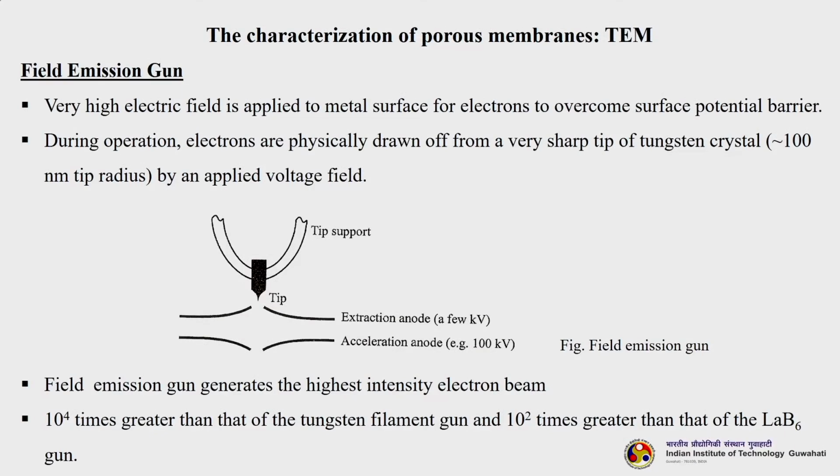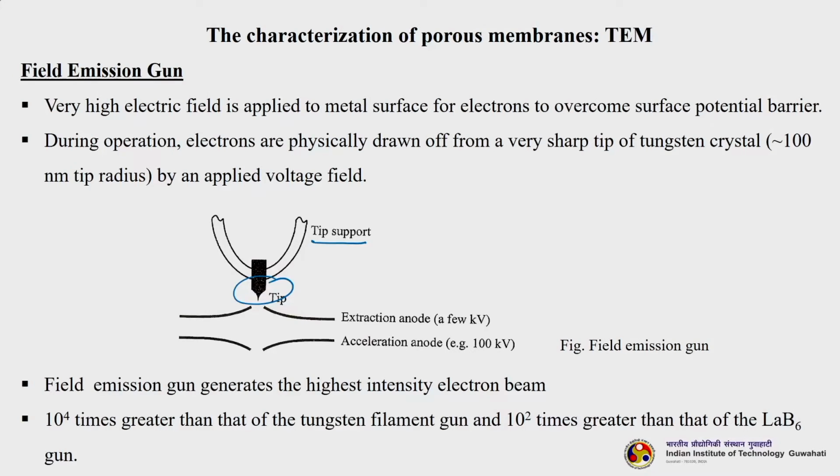That is not the case in the field emission gun. During operation, electrons are physically drawn from a very sharp tip of a tungsten crystal. You can see this is the tip of a tungsten crystal, and this is the support of the tip. The tip radius is almost 100 nanometer, under an applied voltage field.